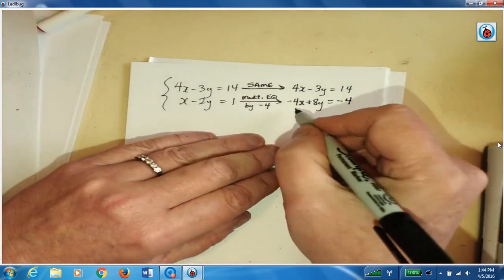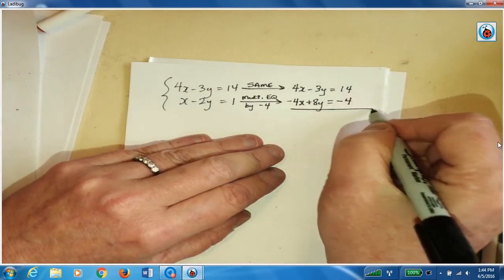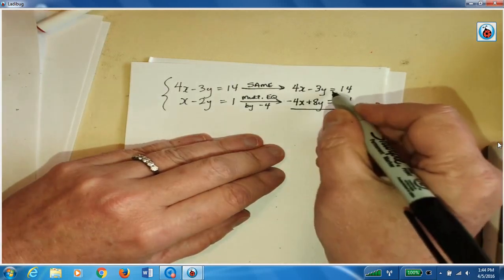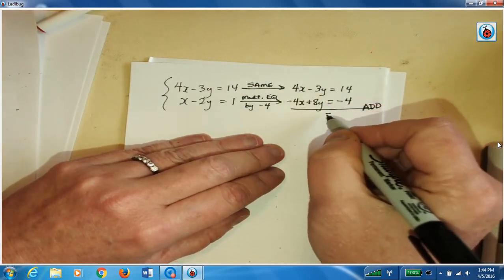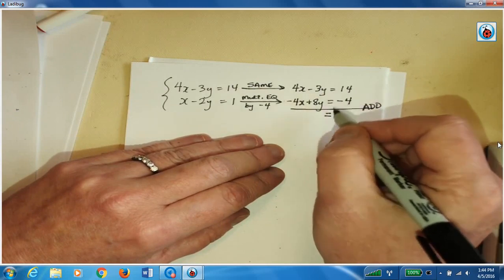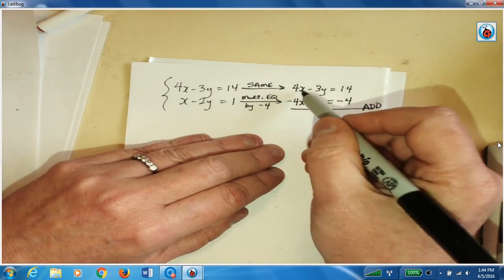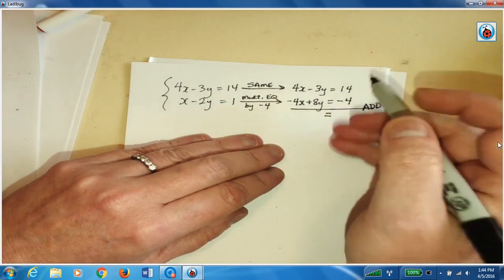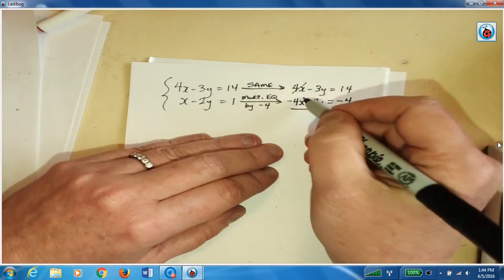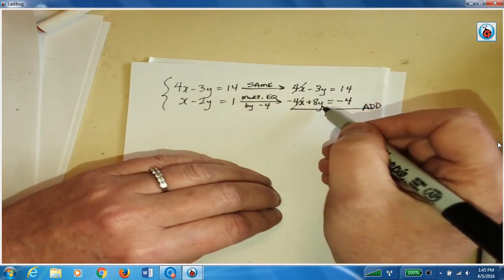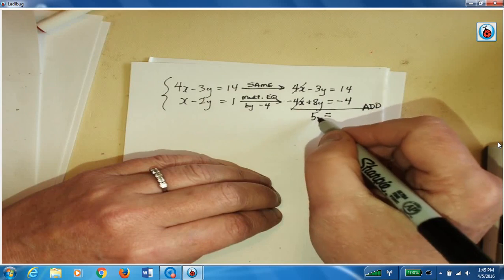Now what I'm going to do is add these two equations, and I'm going to keep the equal signs in a vertical column there. So when I have 4x plus -4x, they cancel. When I have -3y plus 8y, I get 5y.